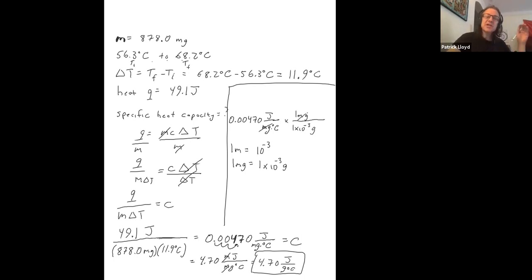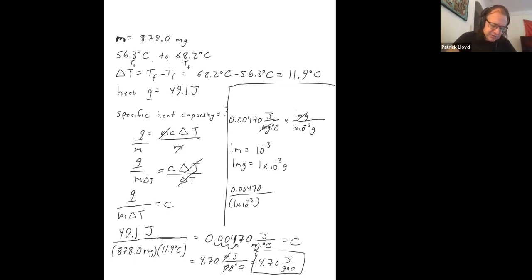So now just be careful. Maybe you want to use parentheses when you enter this into your calculator. So you might want to do 0.00470. You're dividing, right? So divide and then maybe put this in parentheses, just so that the calculator knows what you're doing. Okay.